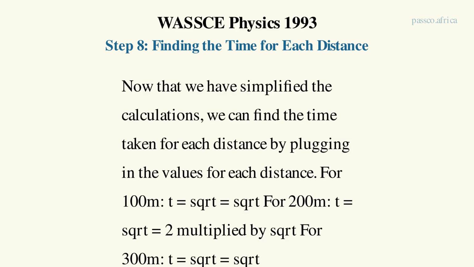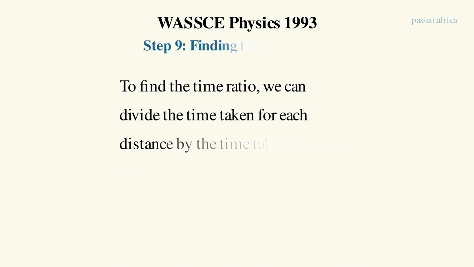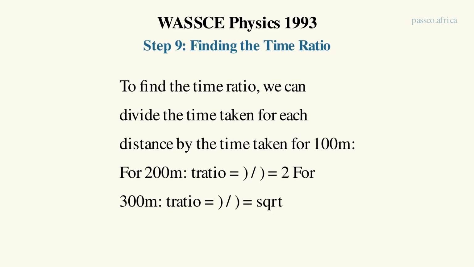Step 9. Finding the time ratio. To find the time ratio, we can divide the time taken for each distance by the time taken for 100 m. For 200 m, the ratio equals 2. For 300 m, the ratio equals the square root.